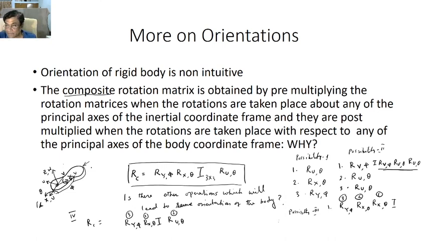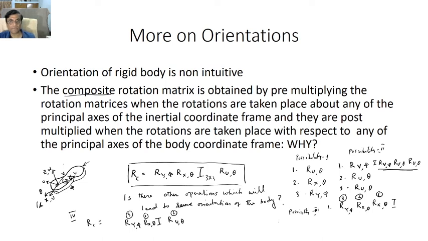So you can see it's non-intuitive, right? There are a number of different orientations. The body can start from one orientation, and through a number of sequences of operations, it can go to the final orientation.